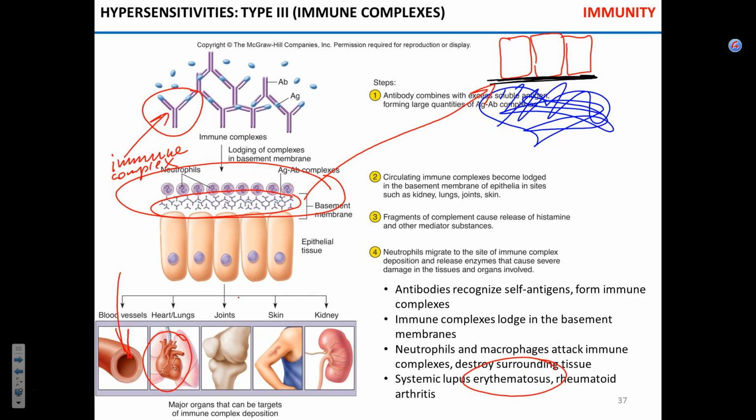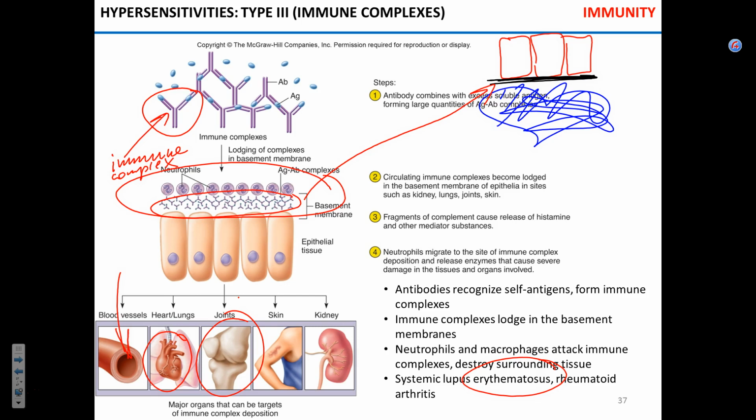Lungs, pulmonary edema, pretty much idiopathic pneumonia. So you have an inflammation in the lungs, accumulation of fluid in the lungs without any infection. Bones, I'd say joints. In synovial joints, like the knee or elbow joint, synovial membrane produces synovial fluid.